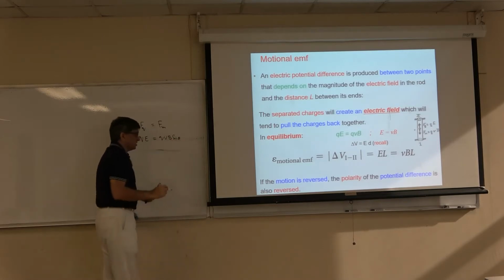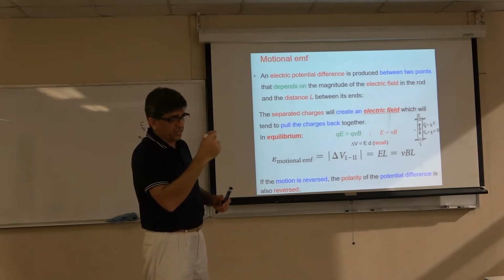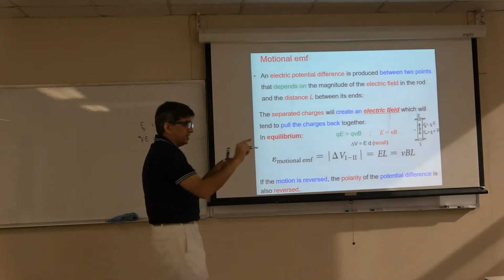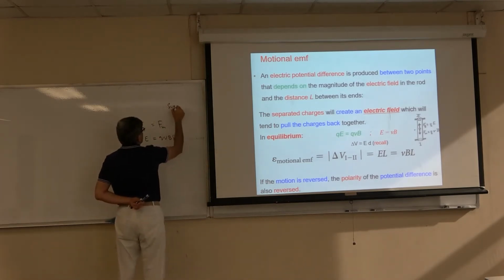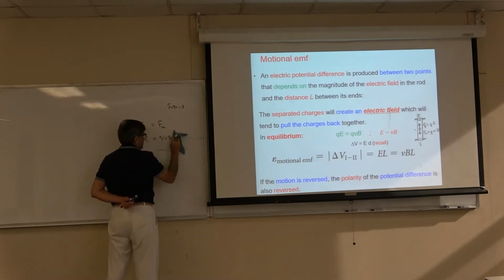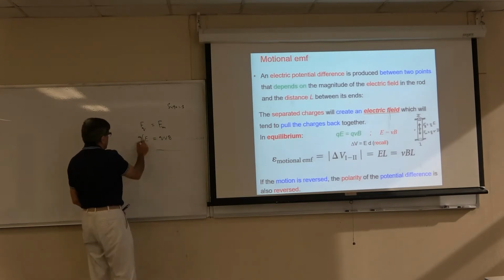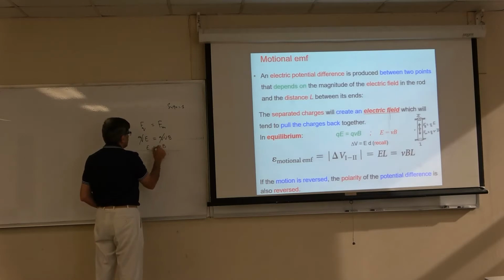Let's say the angle between the magnetic field vector, which is pointing into the page, and the velocity towards the right is 90 degrees. So sine of 90 degrees is equal to 1, which means QVB is equal to Q times E. Now I cancel the Q's, and E is equal to V times B.